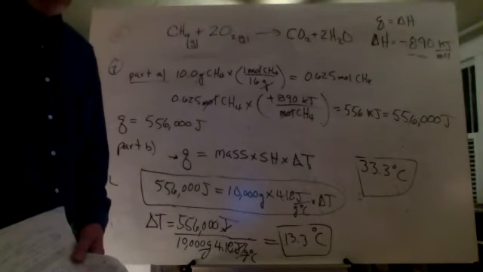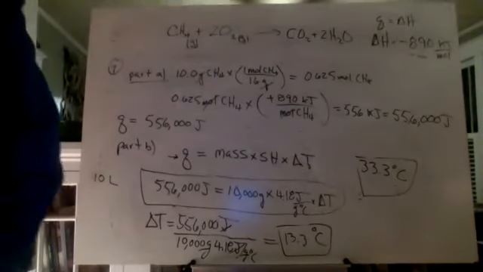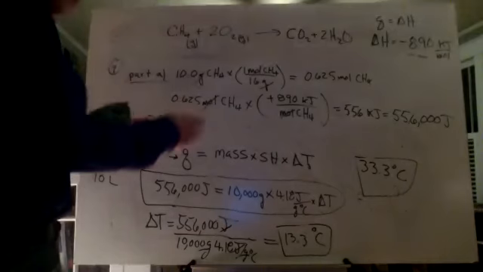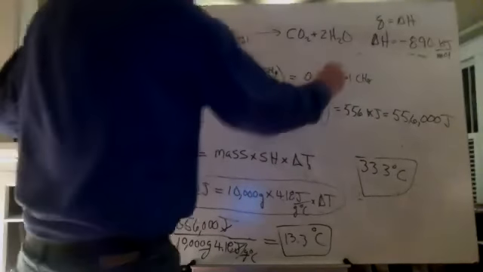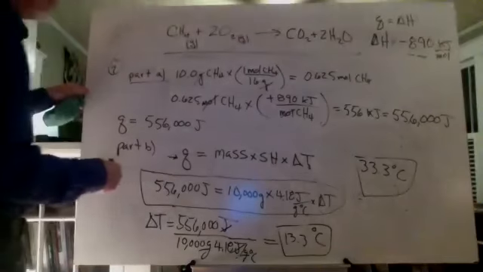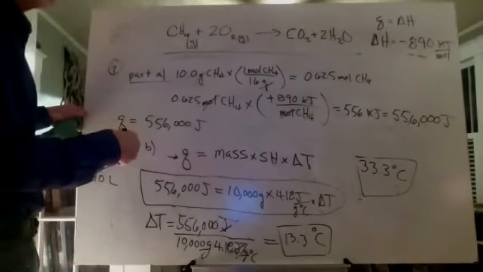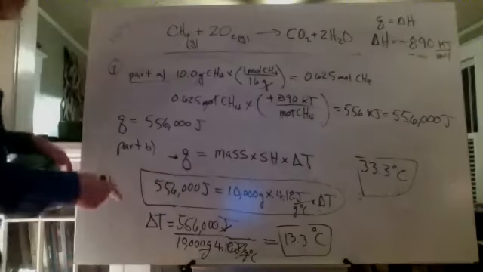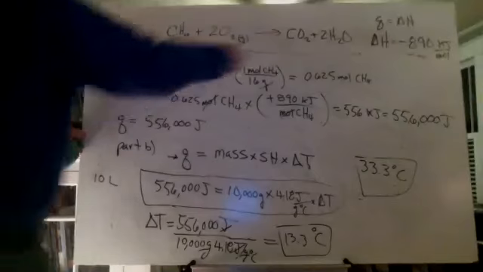No? All right. A little more complicated because it was 2 steps. First step, or part A, we had to determine how much heat energy this reaction produced. And we did that using the result from question number 6. And then we did a stoichiometric problem, where we said we combusted 10 grams of methane by this reaction.